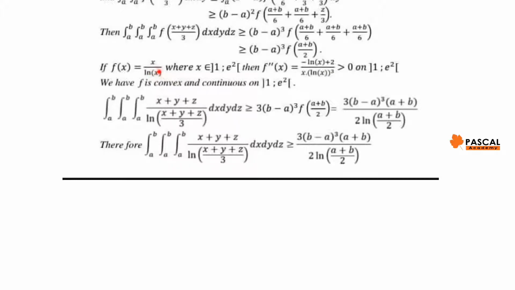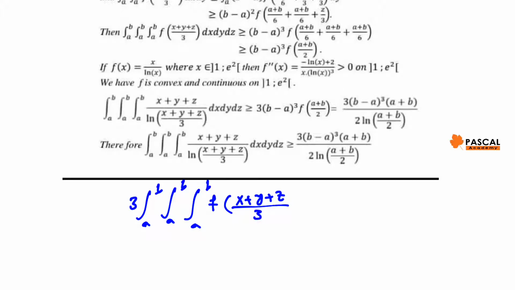And the given integral is 3 times the triple integral from a to b, from a to b, from a to b of f((x + y + z)/3) dx dy dz.